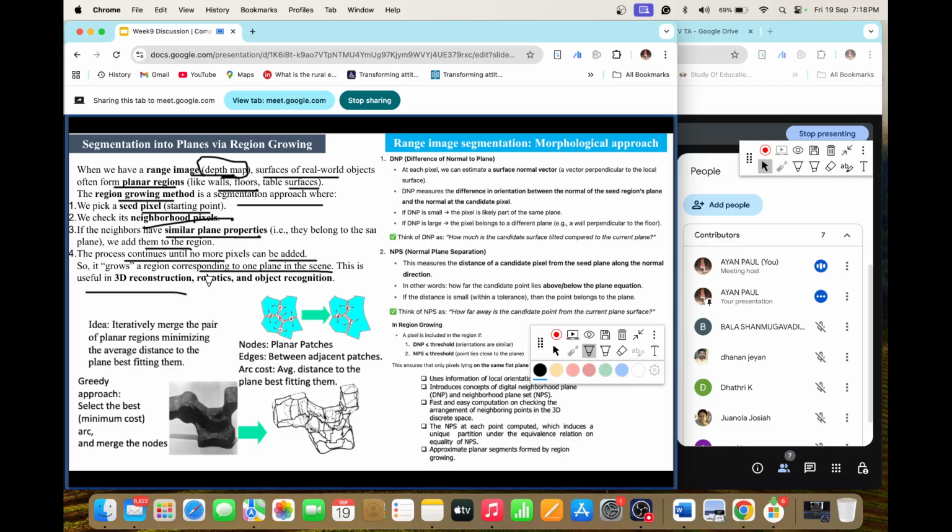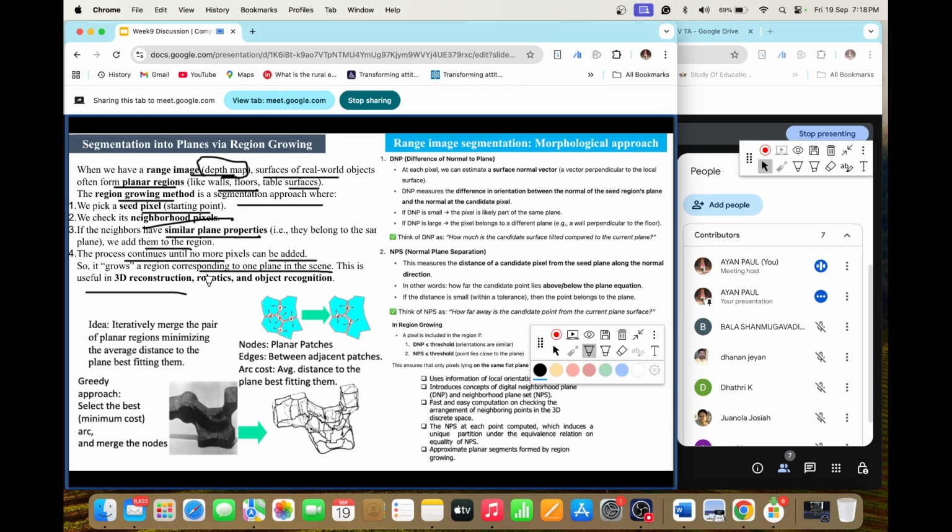So this is the whole theory. Again, I am repeating. What we are doing here is finding the planar regions of the depth map or range image. Planar regions are important because they can correspond to walls, floors, or table surfaces.